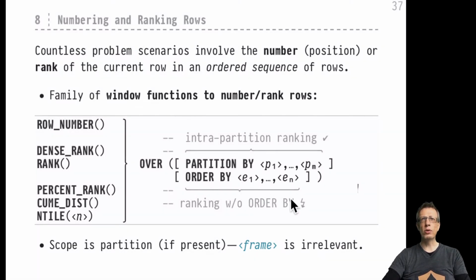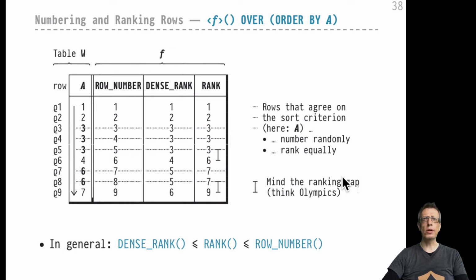So ranking without order by is really questionable. I think the system will let you do it, but what you get is a completely random or non-deterministic result. Okay, so all of these normally go with a well-defined ordering on the rows, and based on that ordering we will number the rows. So let's see how that could work.